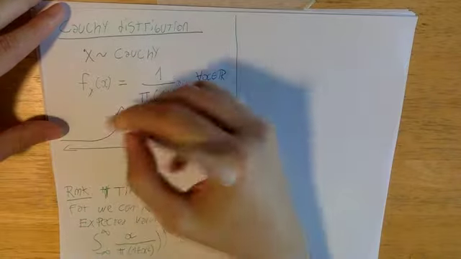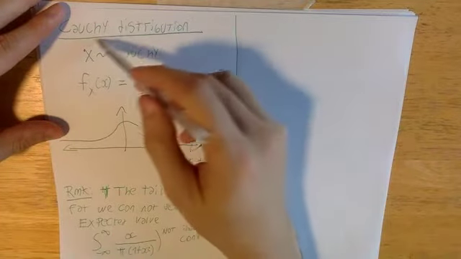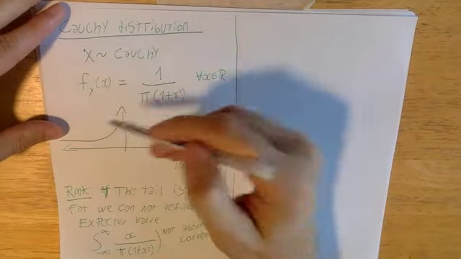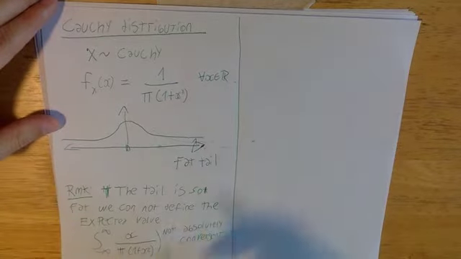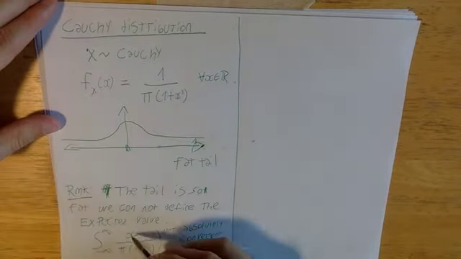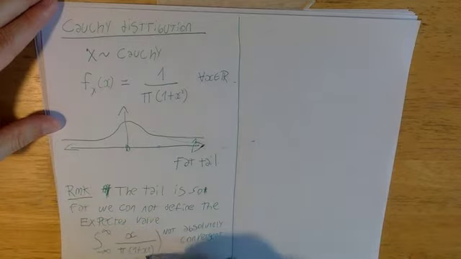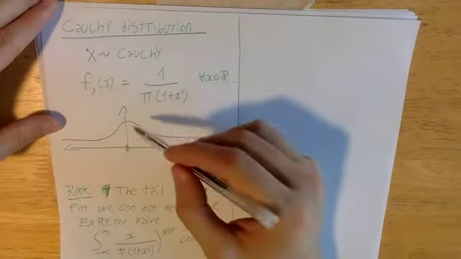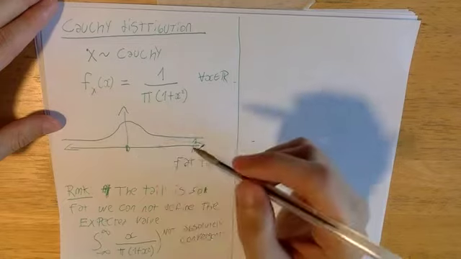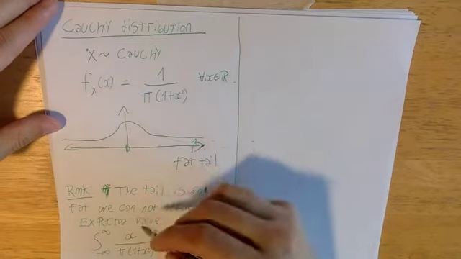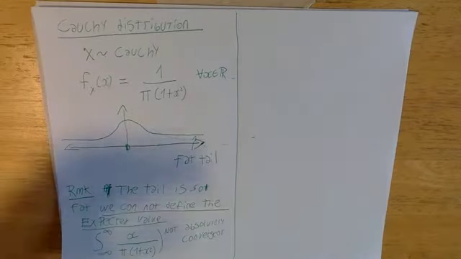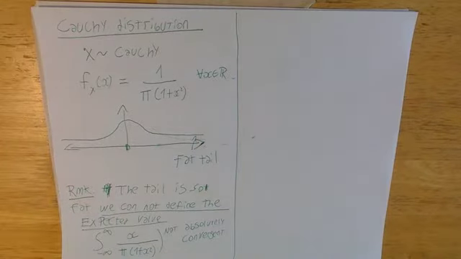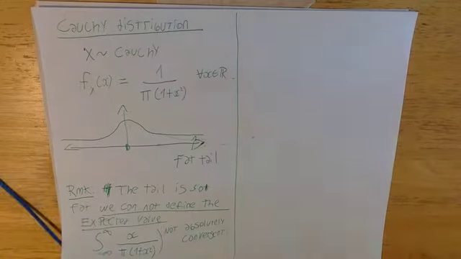You would expect the expected value of the Cauchy random variable to be 0 because of symmetry, but the tail is so fat that this is not absolutely convergent. So you cannot claim that the expectation is 0, because it's not well defined. So we cannot define the expected value. You have a problem with the tail being too fat.